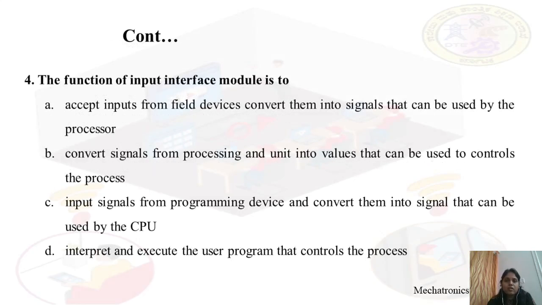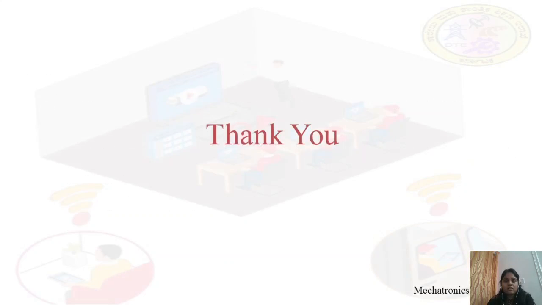The function of the input interface module: it inputs signals from the programming device; and the input interface module, what does it do? It accepts the input from field devices and converts them into signals that can be used by the processor. So option A is the answer.